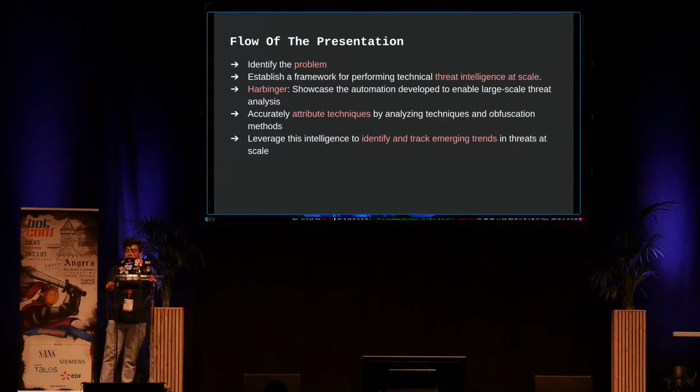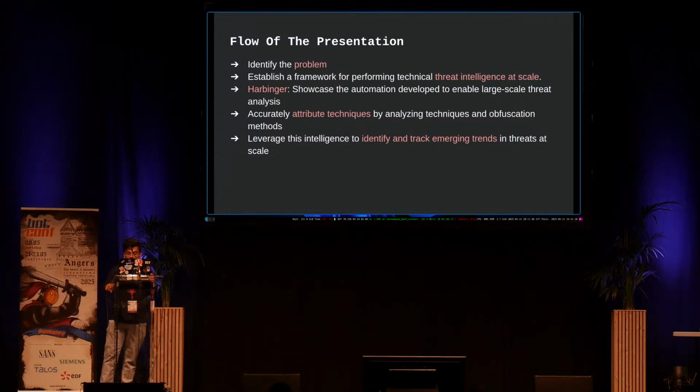This slide is the flow of the presentation. The flow of the presentation is basically a journey through why I decided to create another automation when there's already so many existing, what problem I was trying to solve, and then establish a framework on what sort of threat intelligence I'm trying to do at scale. Then finally introduce the project.